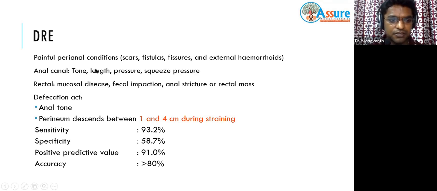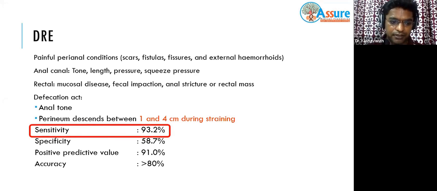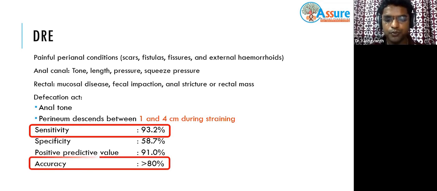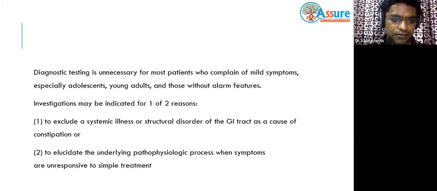You can keep a screenshot, but what is important from your exam point of view is that perineal descent is usually between 1 to 4 centimeters. When it is beyond 4 centimeters, it is called excessive descent. And digital rectal examination has a sensitivity beyond 93% and accuracy of more than 80%, especially for dyssynergic defecation.